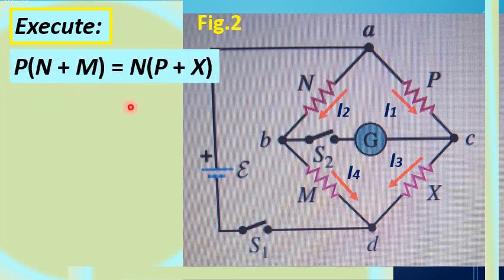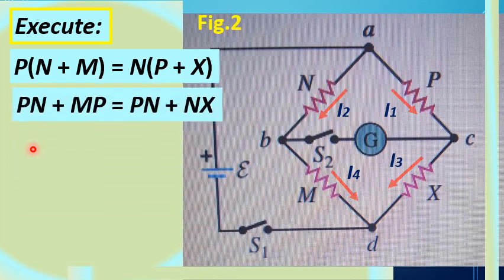Multiplying the terms in our previous equation, we get this. Resistance P times the sum of resistances N and M is just equal to resistance N times the sum of resistances P and X. And then we multiply resistance P to each of the terms inside the parentheses. In the same manner, we multiply resistance N by the quantities inside the parentheses.